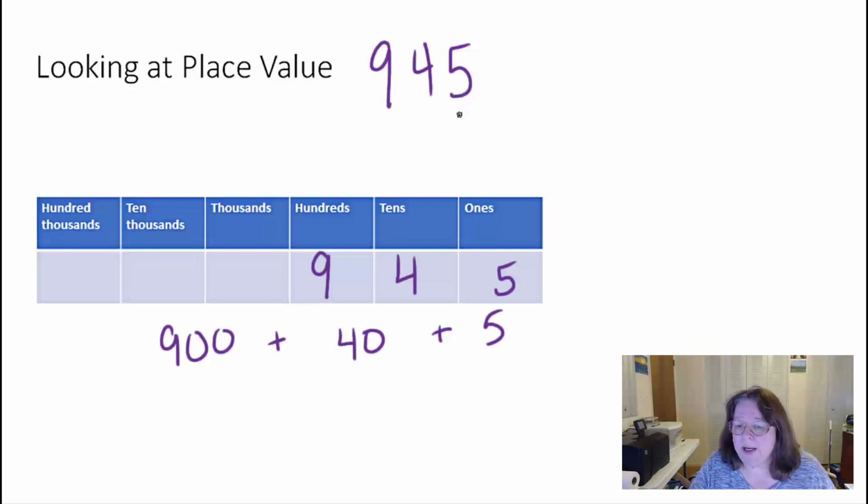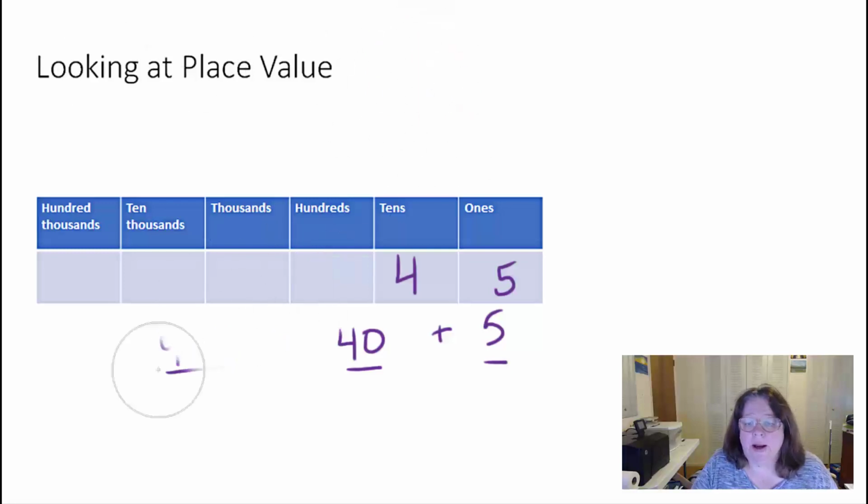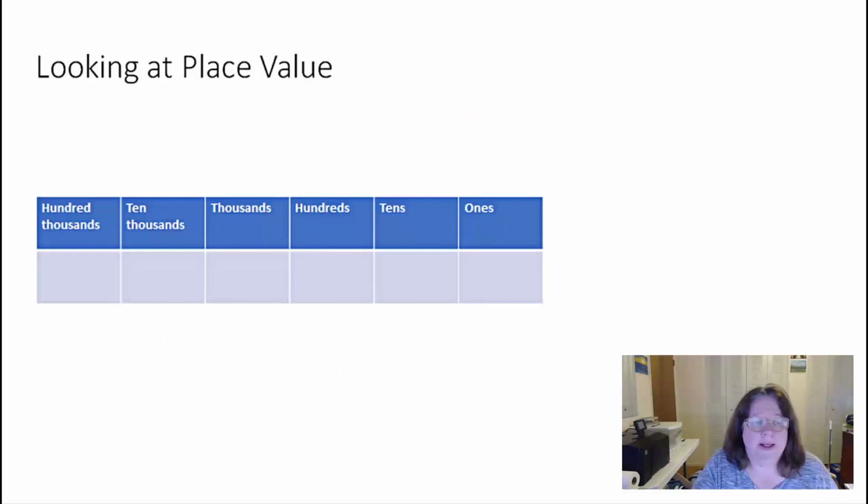Notice however many digits I have, that's how many place values I have, and that's also how many add-ins I have. Okay, let's try one that's a little bit harder.